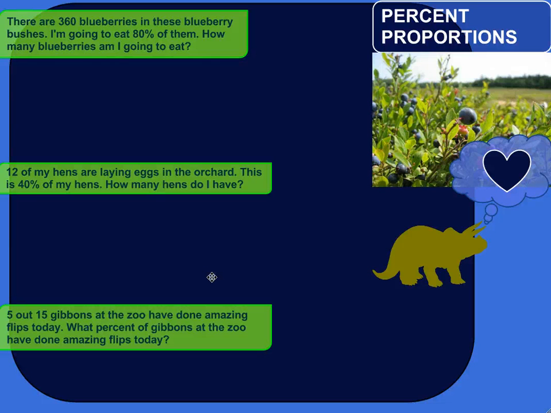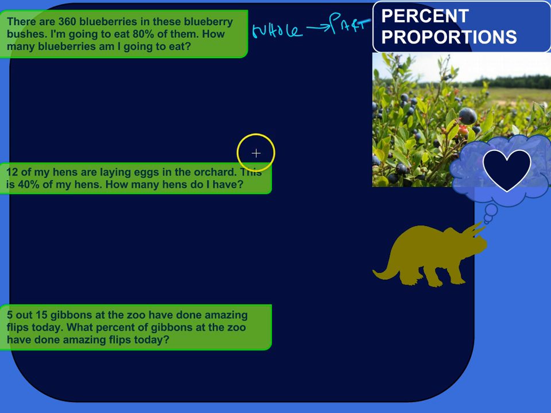All right, I'm going to show you how to do the three basic types of percent proportion problems. Once you get the logic of each type, you should be able to handle any percent proportion problem you come across. The three types are: if you know the whole and you know the percent, you can figure out the part.